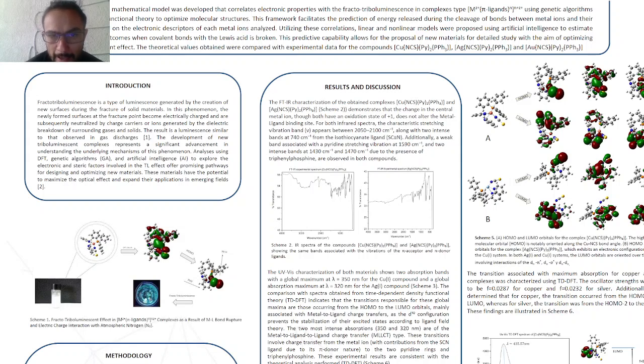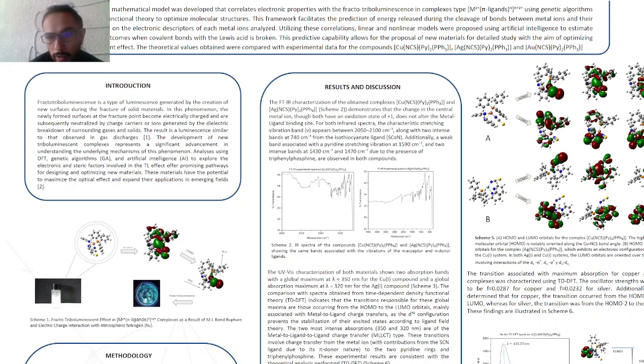We want to know how the phenomenon is going to behave if we change copper with silver. We want to make a comparison between these two complexes, and we can see that for both infrared spectra, the characteristic bands appear around 2050 and 2100 wave number. This is important.